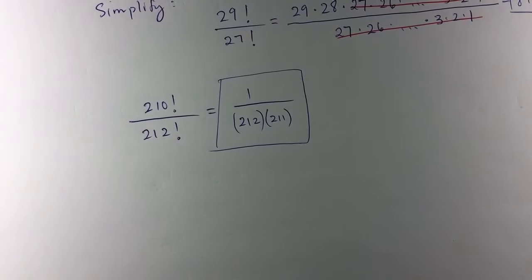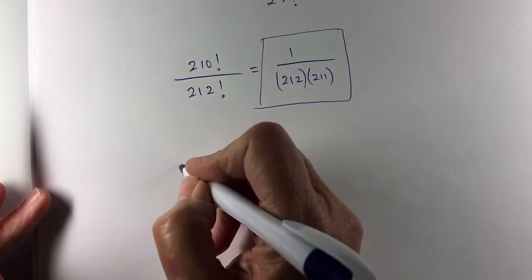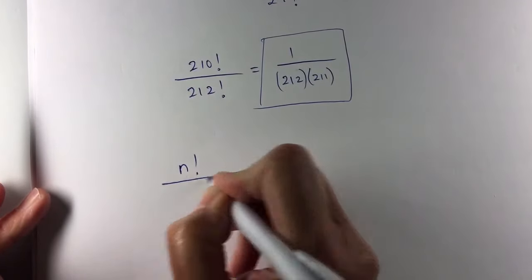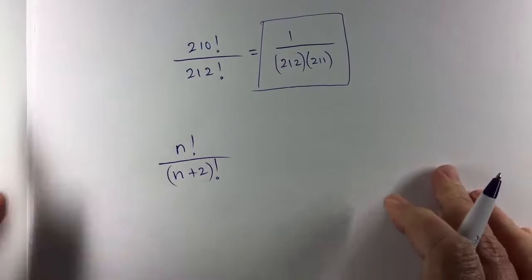Now in this chapter, you're gonna see problems like this, but they're gonna have variables in them. You're gonna see stuff like this: n factorial over n plus 2 factorial.